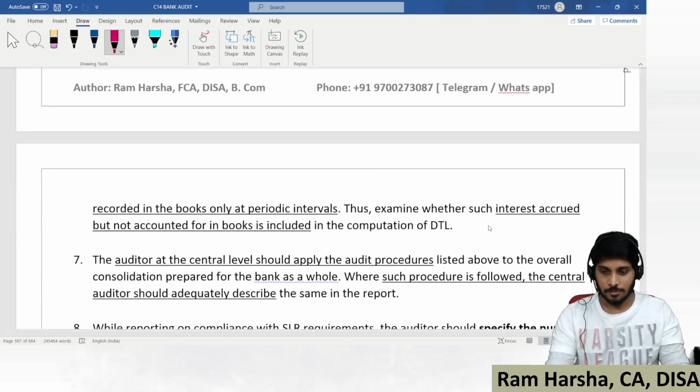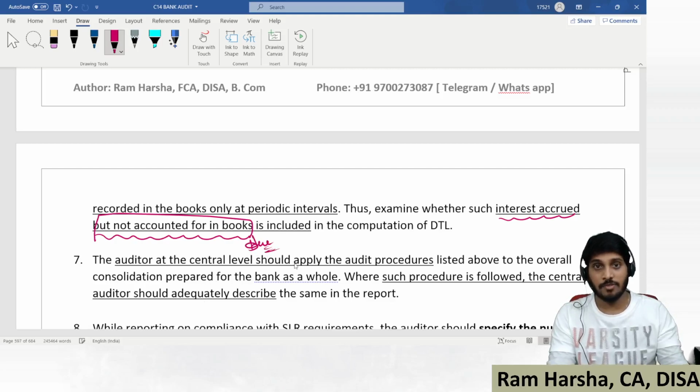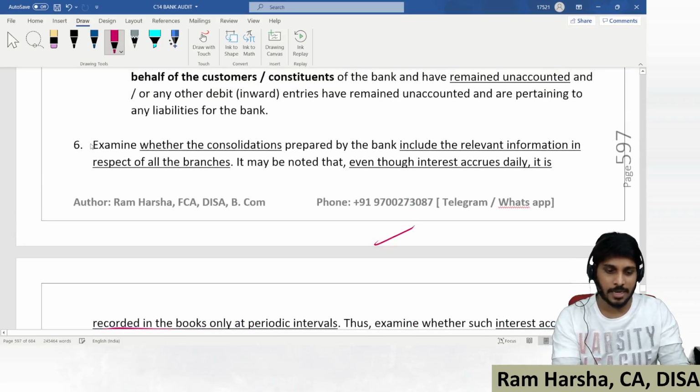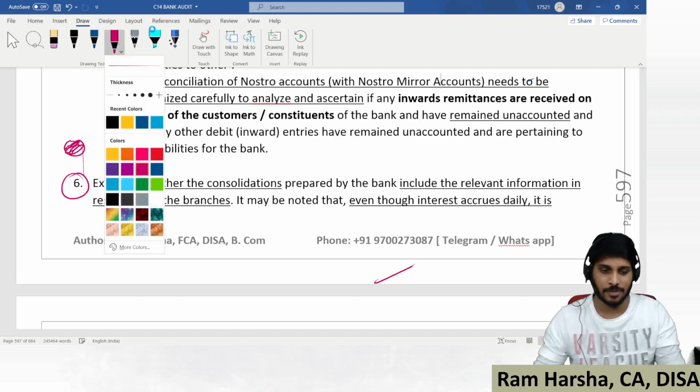Even here, the point they said is interest accrued but not accounted for in the books, but it became due in the backend software where it is being calculated, so that shall be included. That is what the sixth point is, once again clarifying.